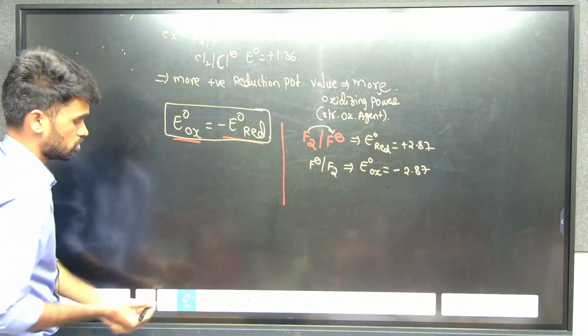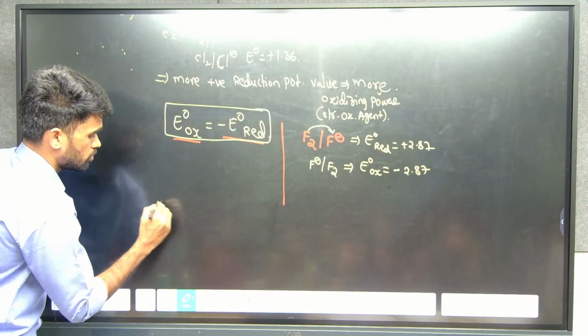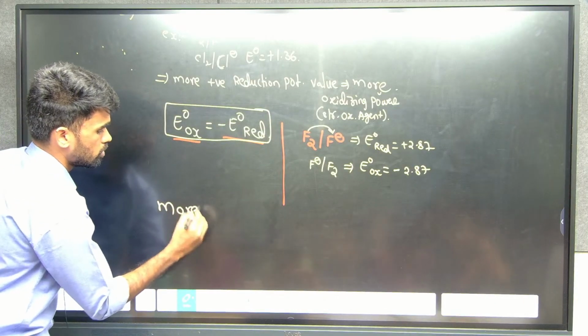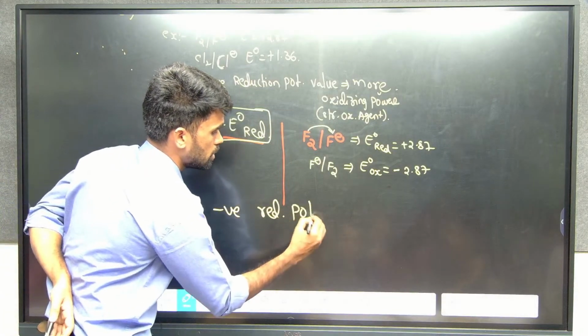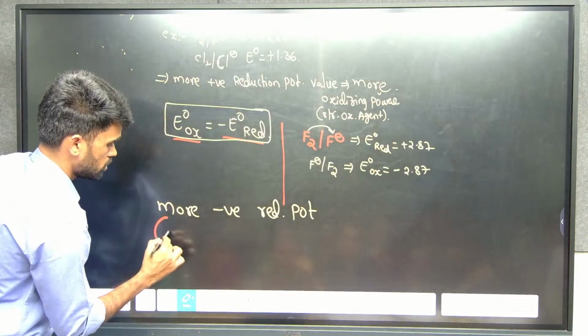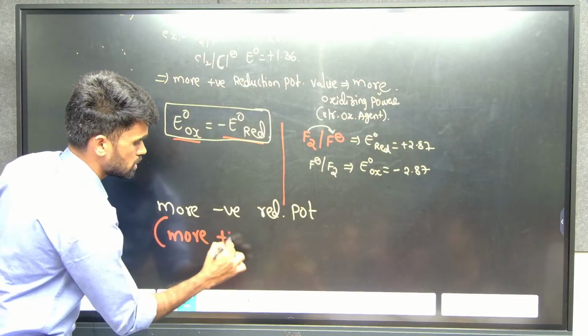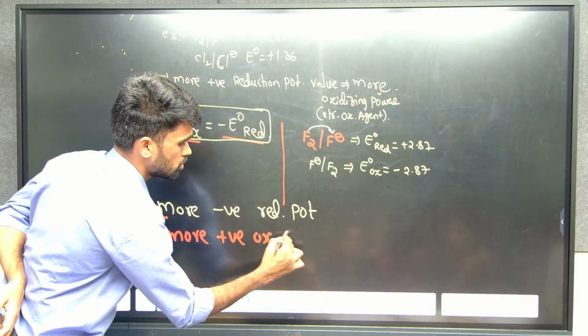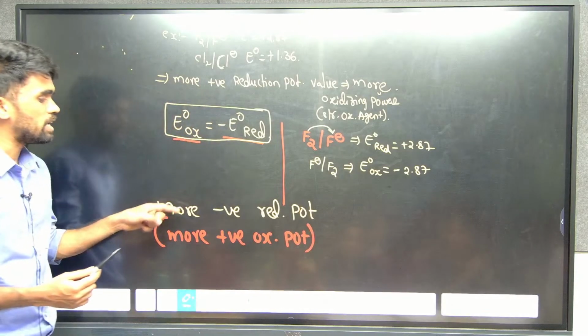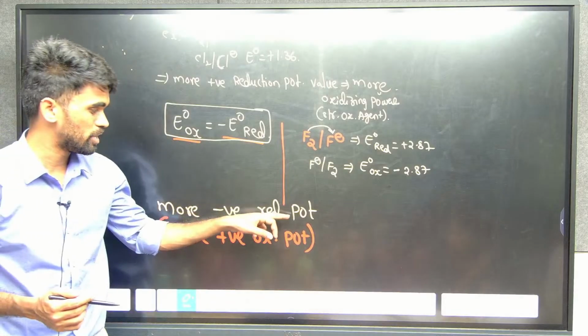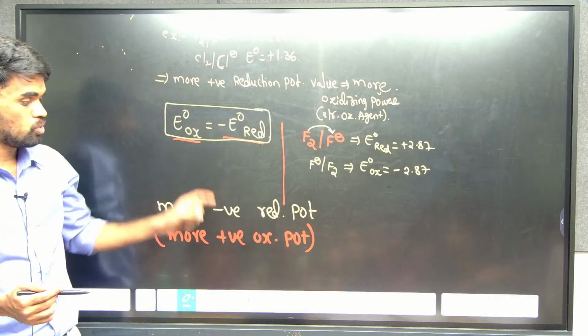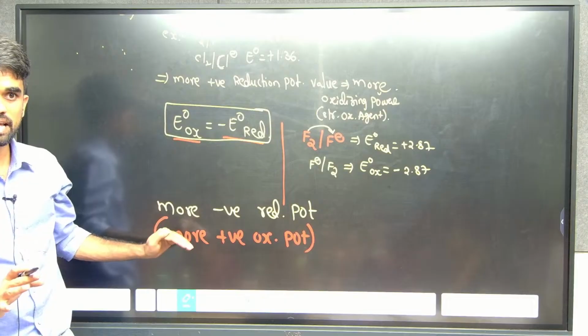So can I say more negative reduction potential or more positive oxidation potential? Are these two lines the same or different?